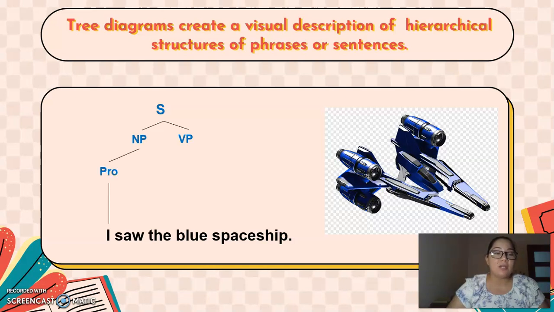It's the pronoun, which makes the noun phrase. Then we have saw, which is the verb, the, which is the article, and blue is an adjective, and spaceship, it's a noun. Then these three components make a noun phrase. The verb plus the noun phrase makes the verb phrase, and that's how we get the sentence.